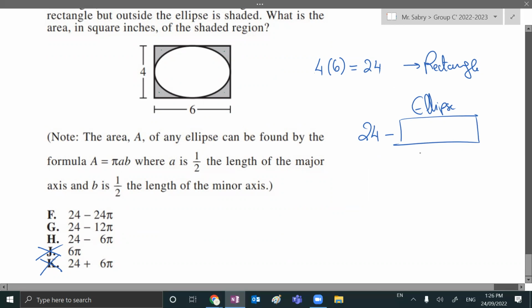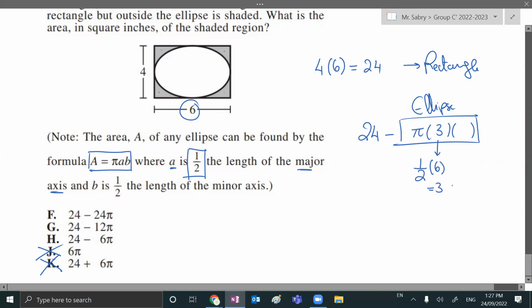Now, what's the area of the ellipse? When you read the note part, they tell you that the area of any ellipse can be found by this formula. It's pi multiplied by A multiplied by B. And then they said that A is half the length of the major axis. What's the major axis in this shape? It's the 6. So A is supposed to be half the 6, which is 3.